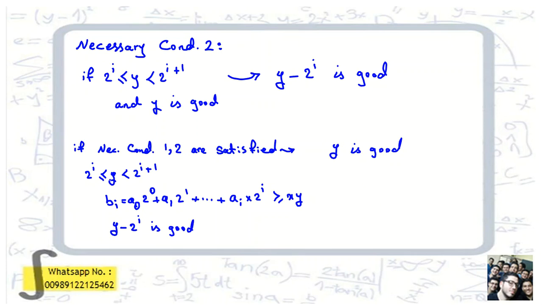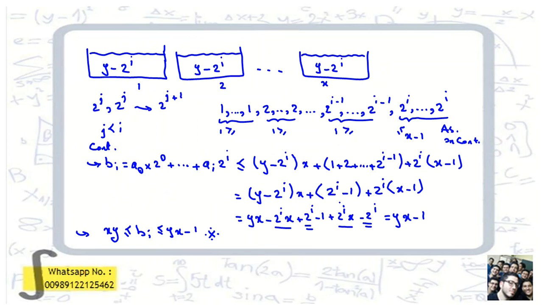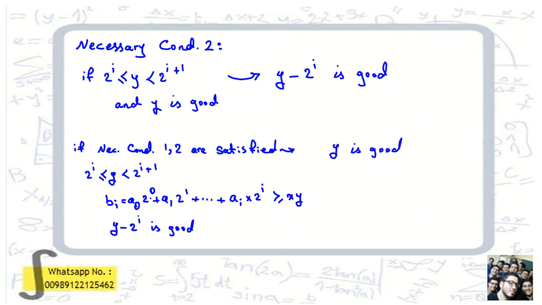So let's consider, suppose that y is greater than or equal to 2 to the I and less than 2 to the I plus 1, and bi is greater than or equal to xy, and y minus 2 to the I is good. We want to prove that y is also good. So we know this necessary condition that y minus 2 to the I is good.